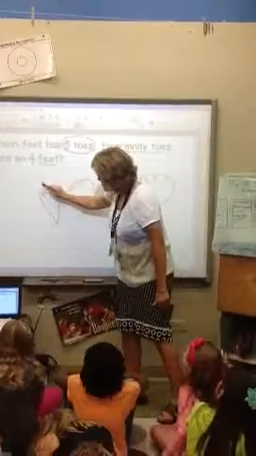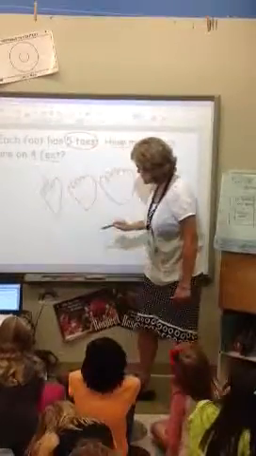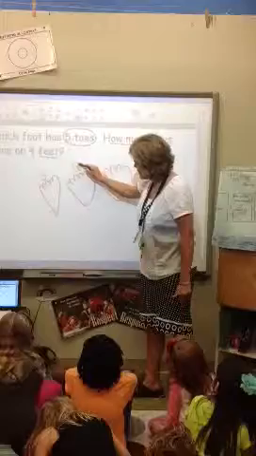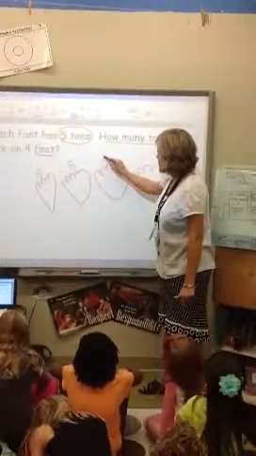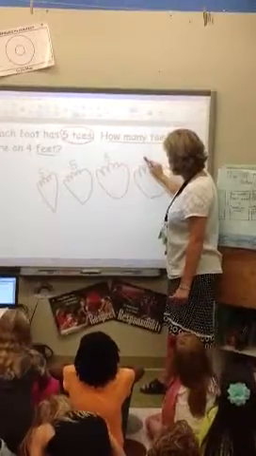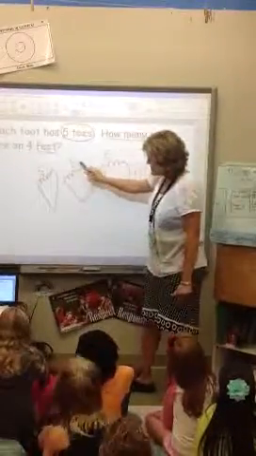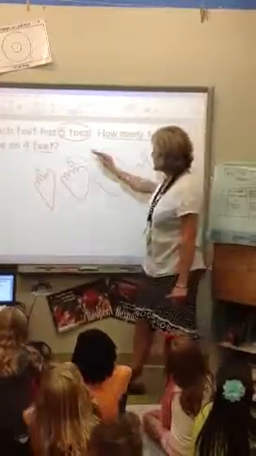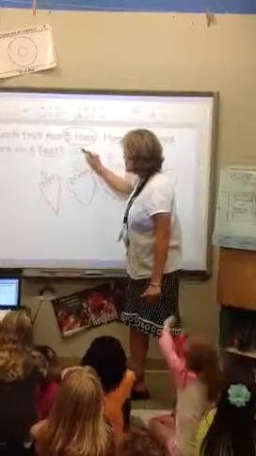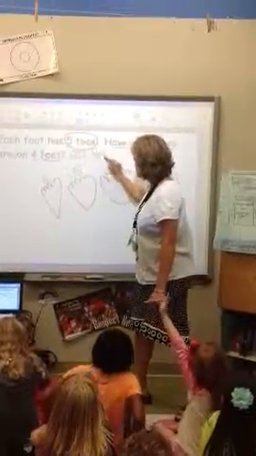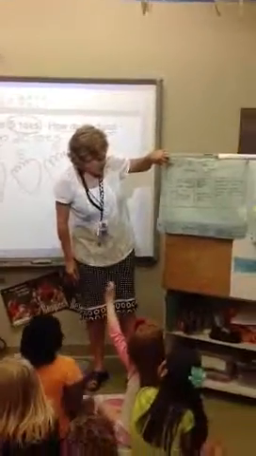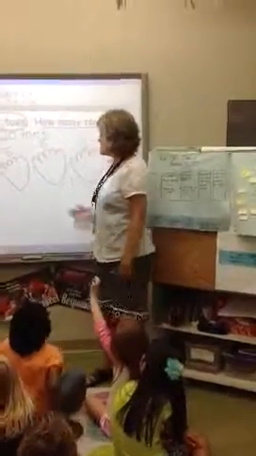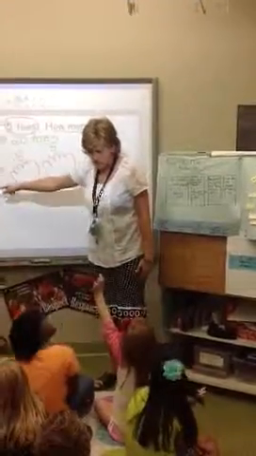Well, I know I have 5 here, and 5 here, 5, 10, and I have 5 here, and 5 here. 5, 10, 15, 20. I have 20 toes. So I just made a mathematical model by drawing pictures.